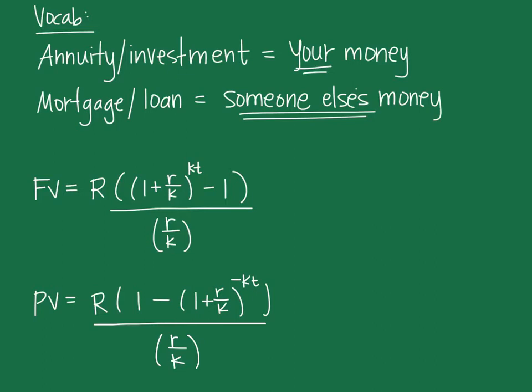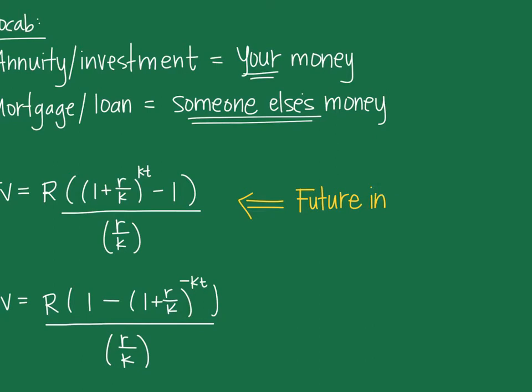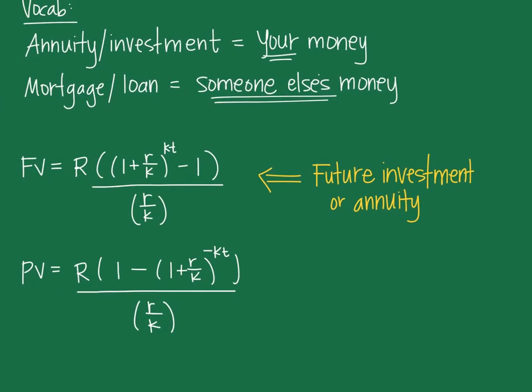All right, the first one. It has the letter F because it's for the future. That one is what you use for a future investment or annuity. So you'll need to read the question and decide, am I talking about the future? Am I making an investment or an annuity for the future? It's my money and I'm setting it aside for the future.